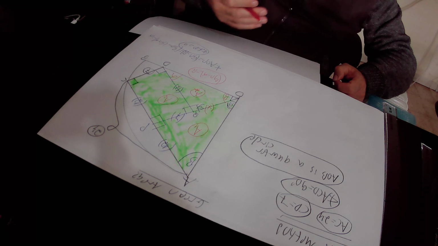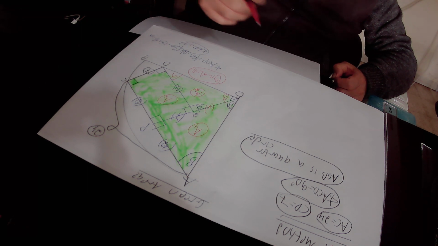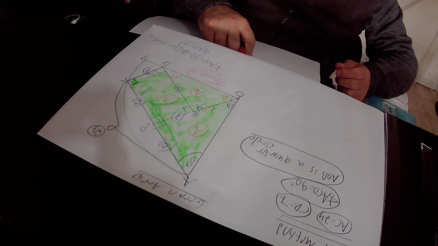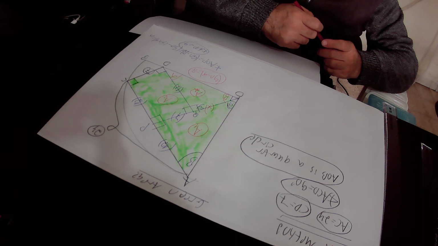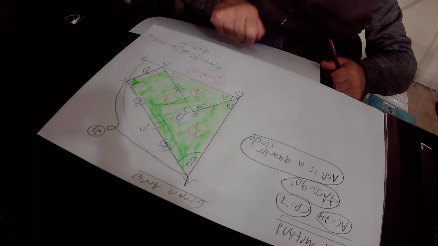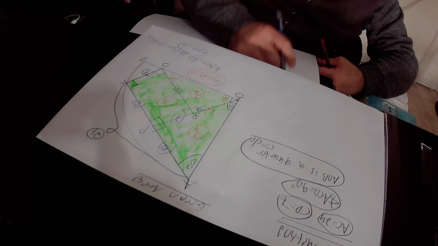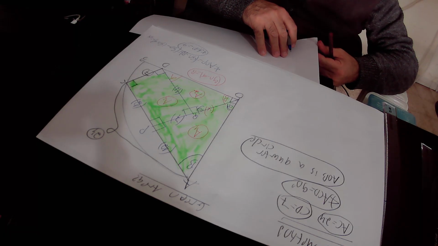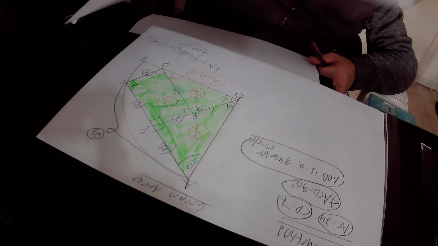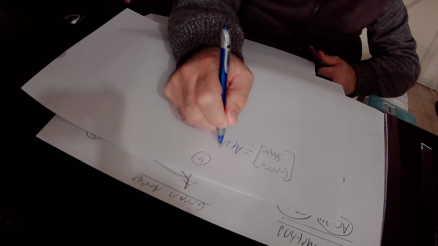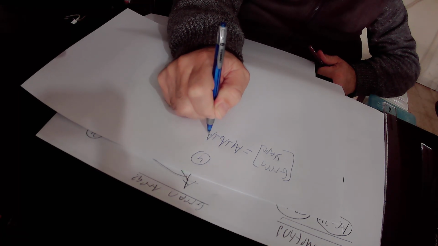It's very clear from the drawing that the total area of the green shape equals A1 plus A2 plus A3. So I write it down: the area of the green shape in total must be equal to A1 plus A2 plus A3.